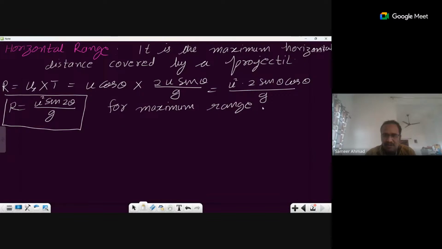So sine 2 theta should be equal to 1. This implies that 2 theta is equal to 90 degrees and theta is equal to 45 degrees.